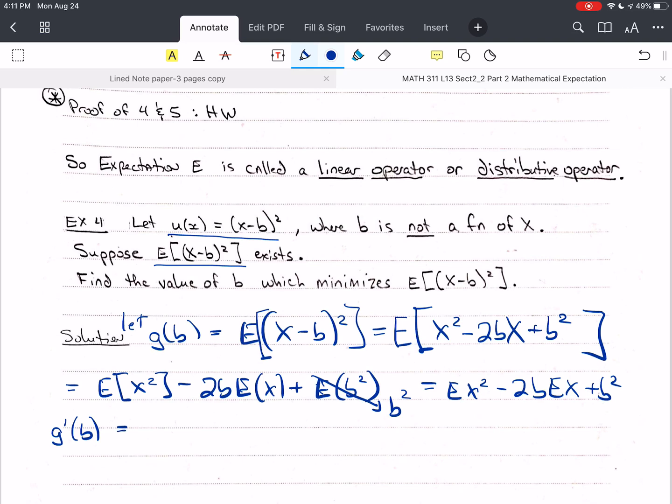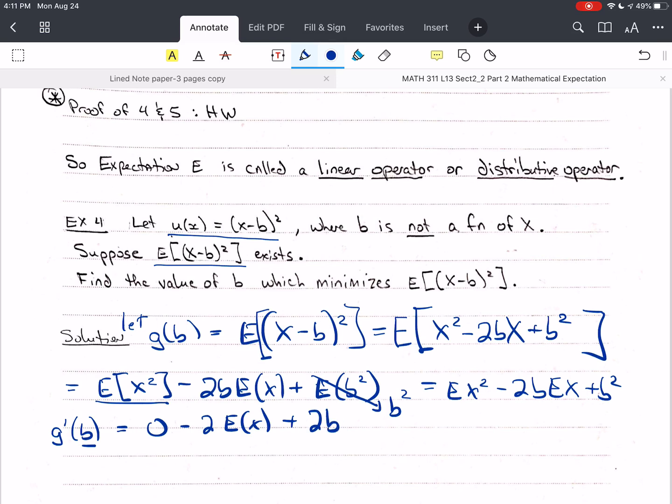So we're left with, with respect to b, that's right, because this is a function of b. So here we'd have 0, and then here we'd have negative 2 e of x, and then plus 2b.